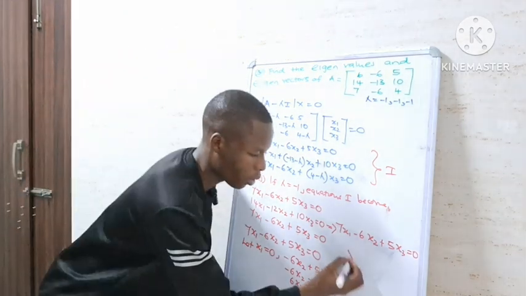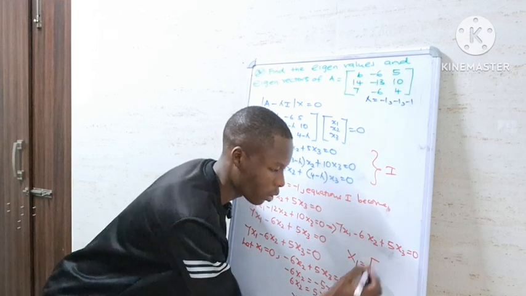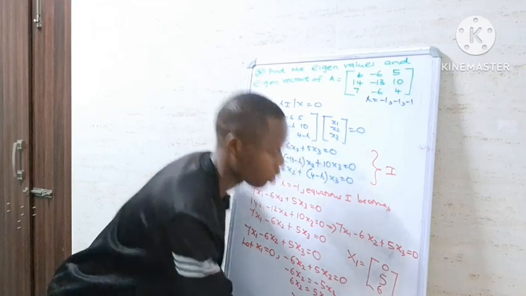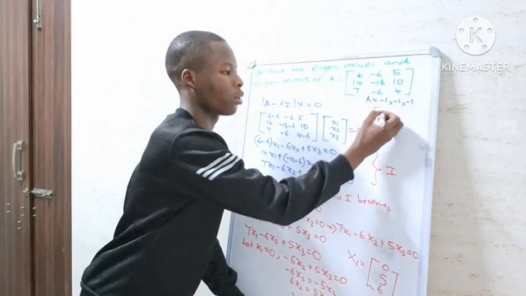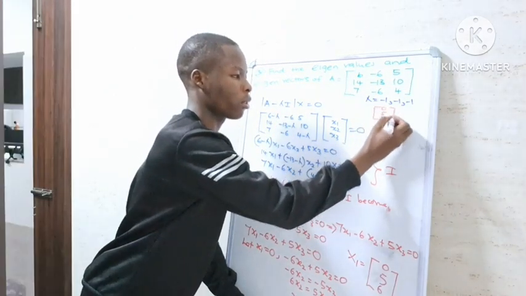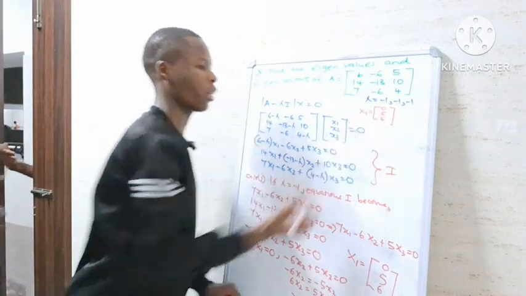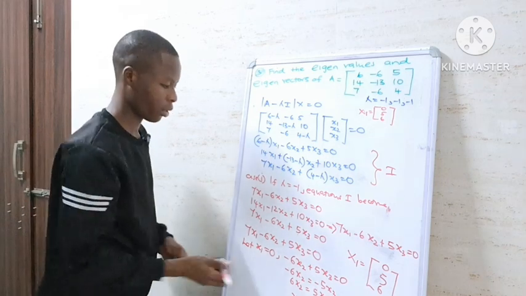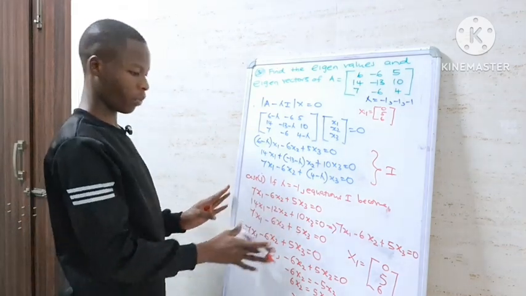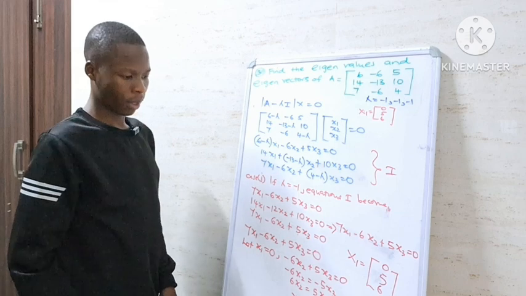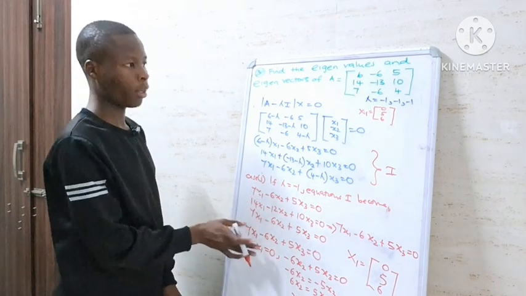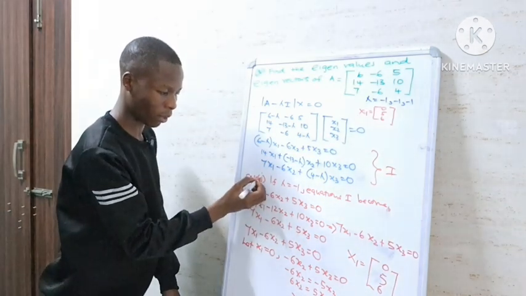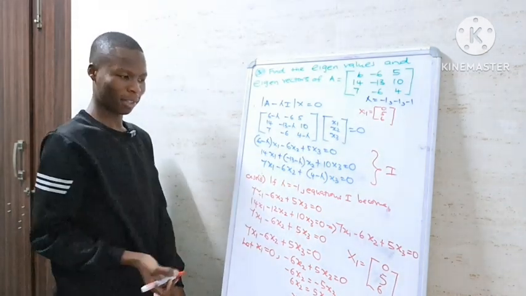So the eigenvector x1 is equal to 0, 5, 6. This is x1. Okay, case number 2. I'm not going to alter these equations, since again the eigenvalue is negative 1.